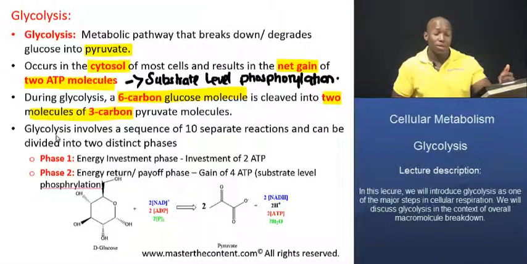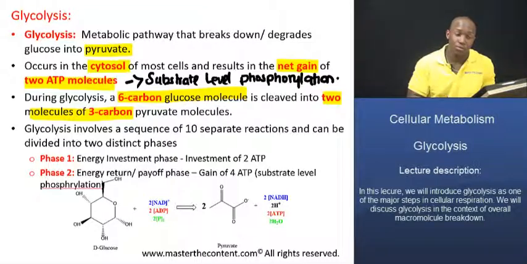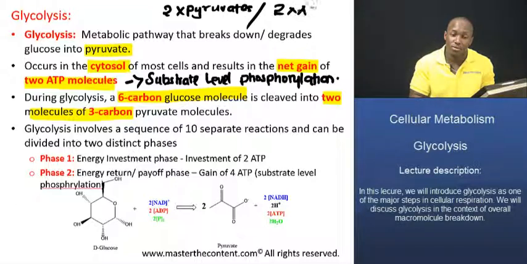So for each molecule of glucose that goes through glycolysis, a bunch of things are produced. I've already told you that we produce 2 pyruvates. We also produce 2 ATP molecules, like I just said.